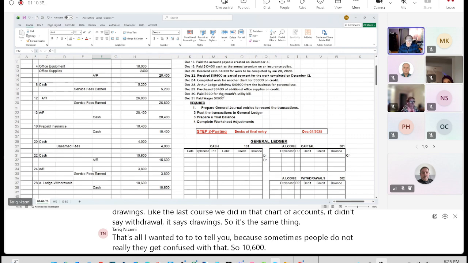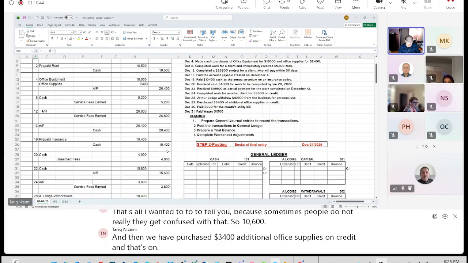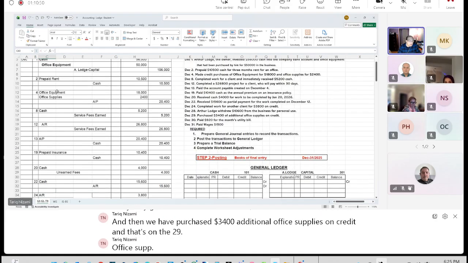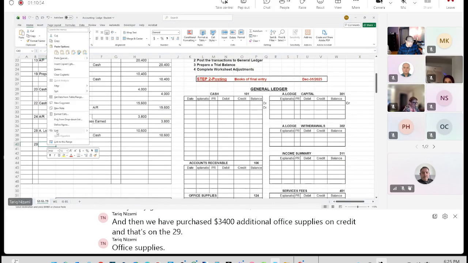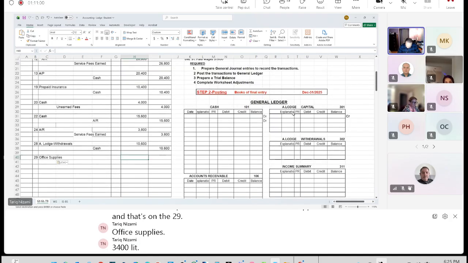And then we have purchased $3,400 additional office supplies on credit, and that's on the 29th. Office supplies, 3,400 on credit.